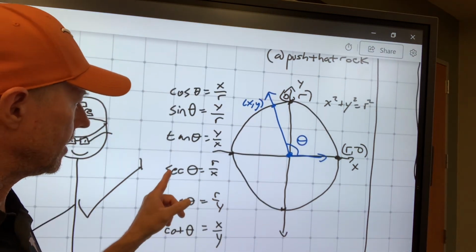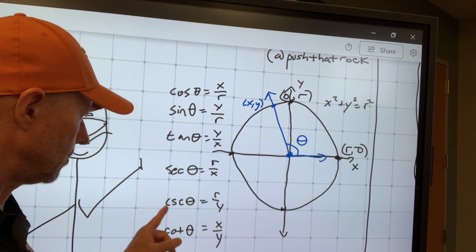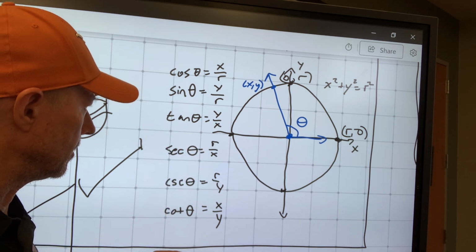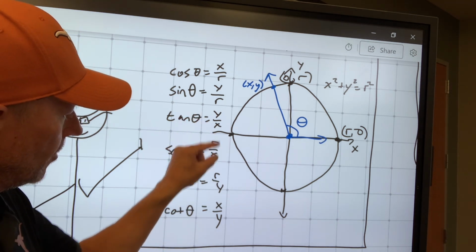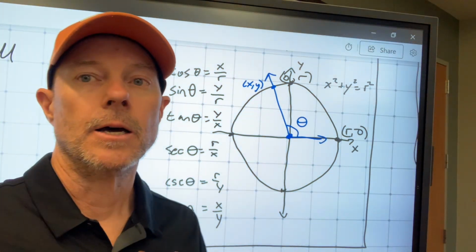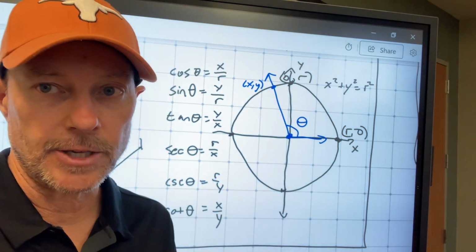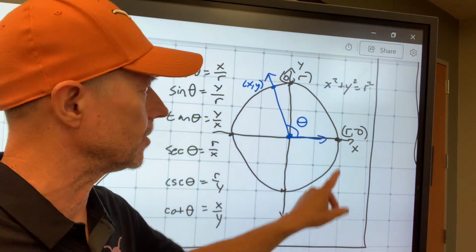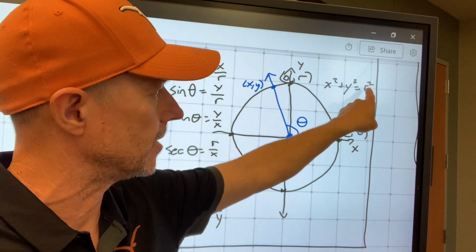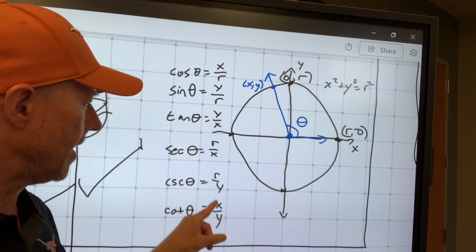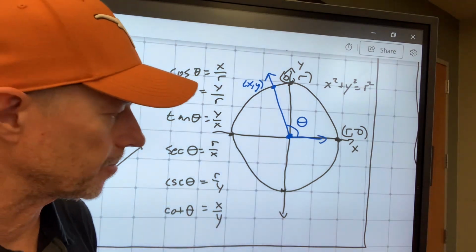And then secant is the reciprocal of cosine, cosecant is the reciprocal of sine, and cotangent is the reciprocal of tangent, meaning instead of y over x, it maps it to x over y. So that's the definition of the trig functions for when you have something other than a unit circle. Now you can imagine that if our radius was 1, suddenly you have 1s everywhere the r's are, and then you have our unit circle definition.